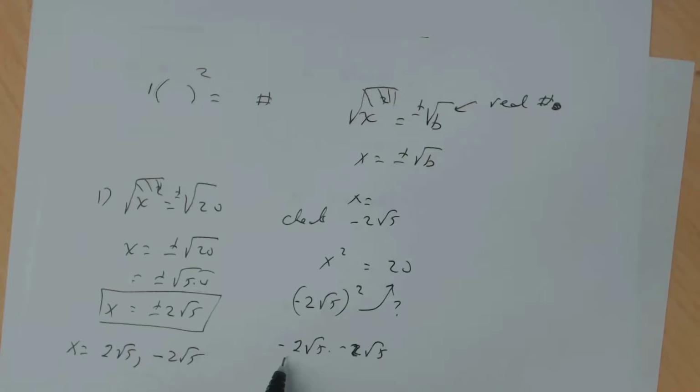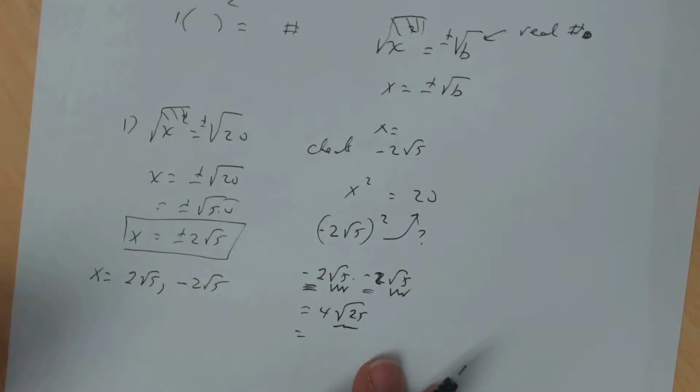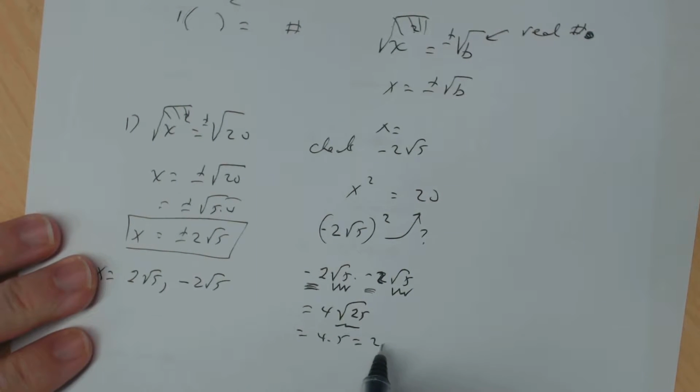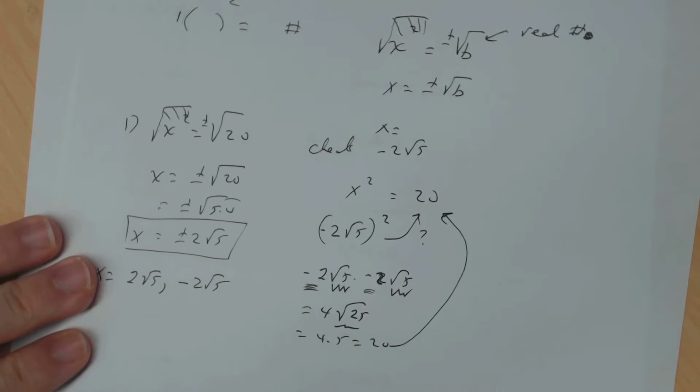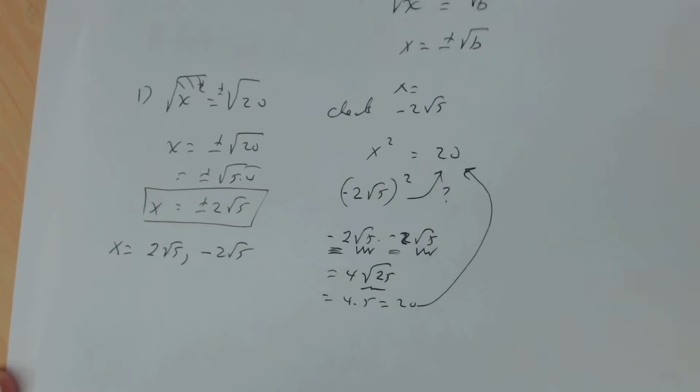Let's multiply the whole number parts: negative 2 times negative 2 is 4. The square root of 5 times the square root of 5 is going to be 5. If you don't see that, then say the square root of 25, and the square root of 25 is 5. So you get 4 times 5, which is 20. And that's what you wanted. So that's one way to check it.